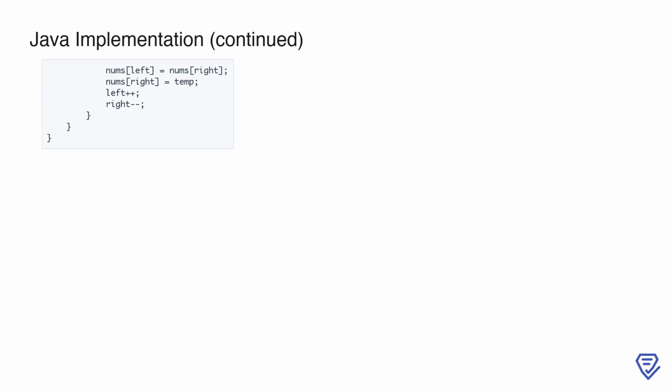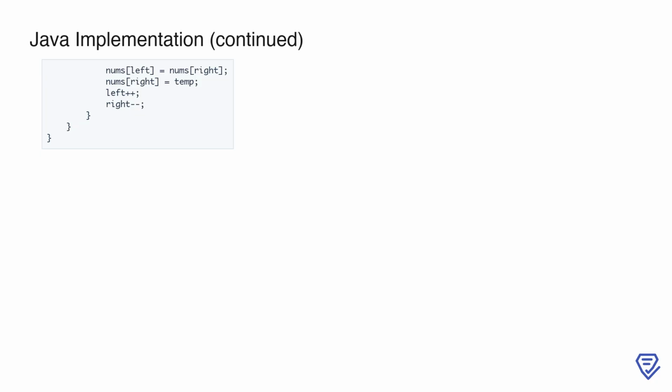Finally, we define the helper method reverse, which is used to reverse the order of the sorted array. This method takes the array as input and swaps elements symmetrically from the start and end indices, progressively moving towards the center. By doing this, we transform the array into descending order after it was initially sorted in ascending order.